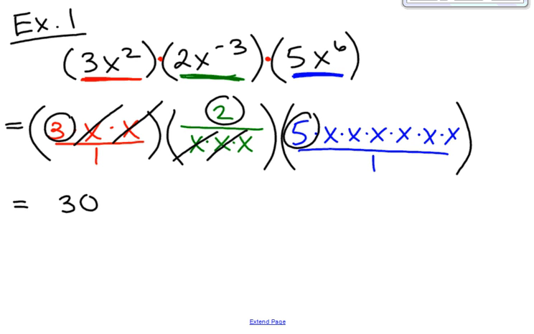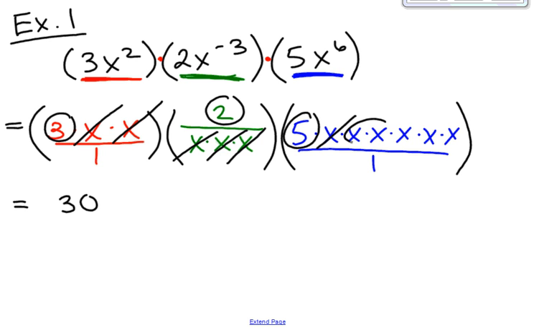So you have crossed out 2 x's in the numerator and 2 x's in the denominator. Now we can move on to the blues because I have one more green left in the denominator. So one more green crossed out in the denominator crosses out 1 in the blue section. Now you can see that I don't have any more x's in the denominator, so I can't cross out any more.